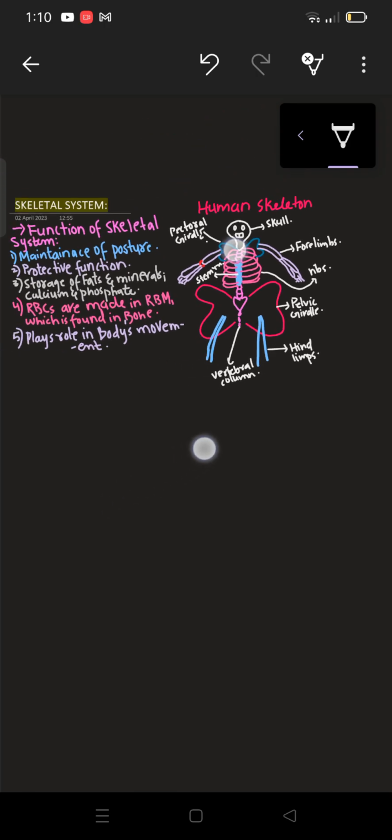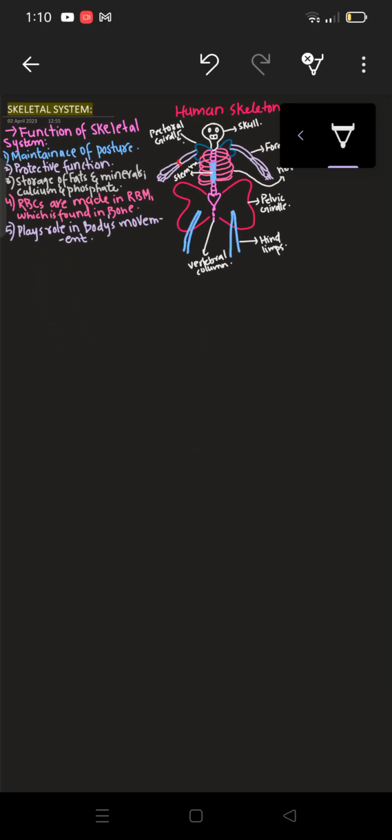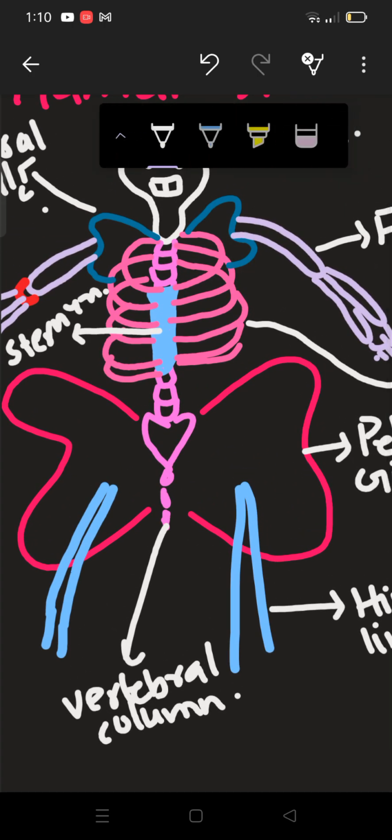Now we have to identify what structures are present in the axial skeletal system and what structures are present in the appendicular skeletal system. Why have we divided these structures into two types? Why in the axial, why in the appendicular? Let's check that first.